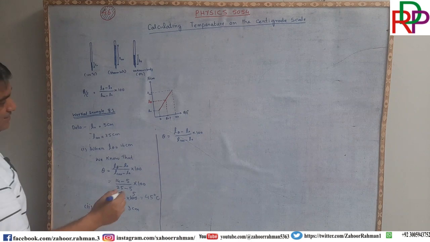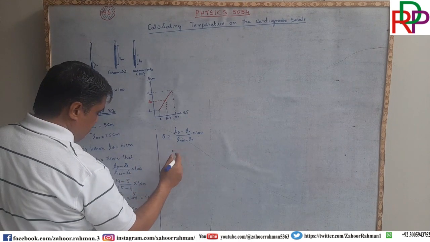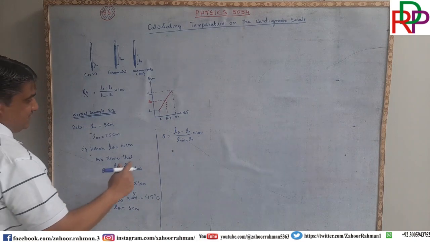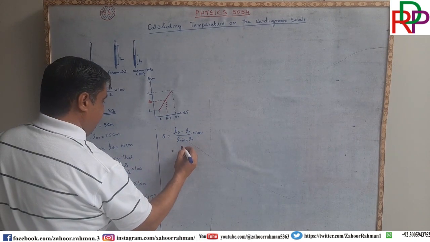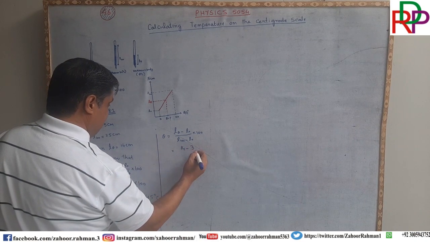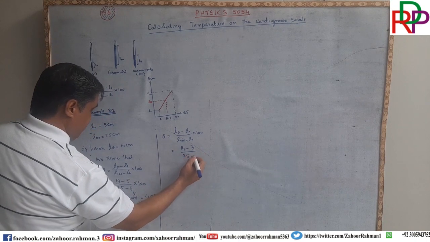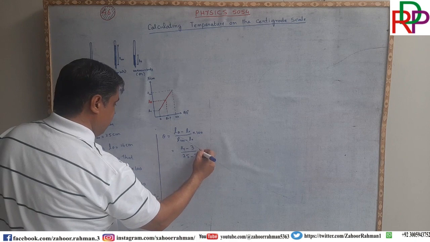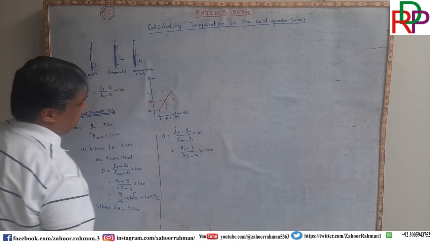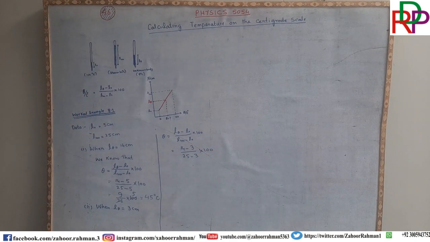So ladies and gentlemen, putting the values, all the values will be the same, and we will write 3 instead of 5. All others will remain exactly as they were in the first case.